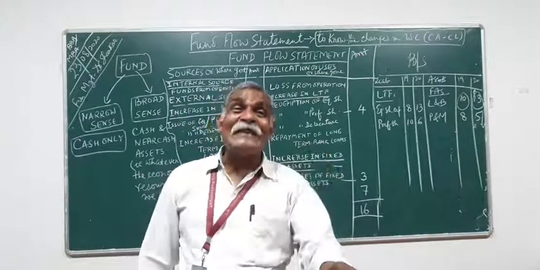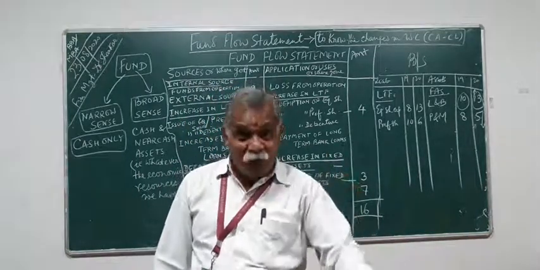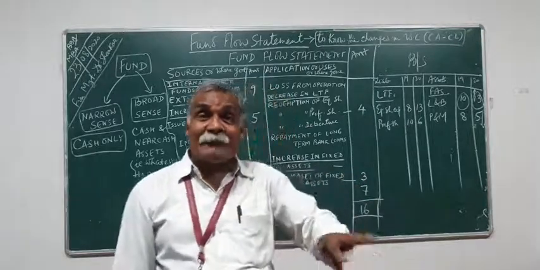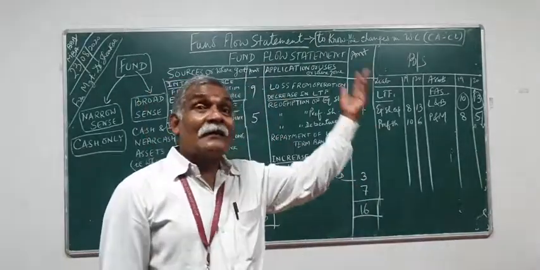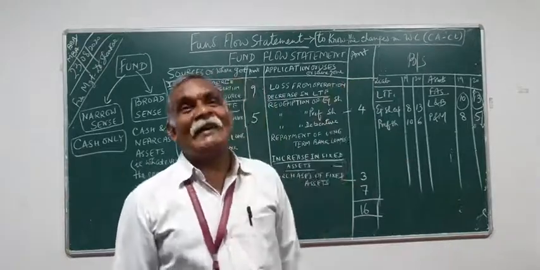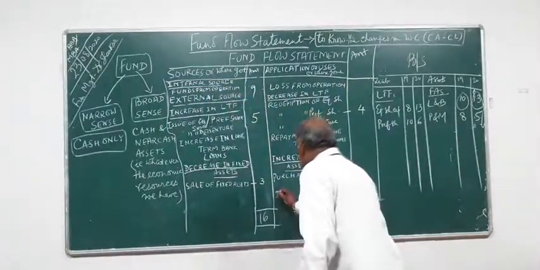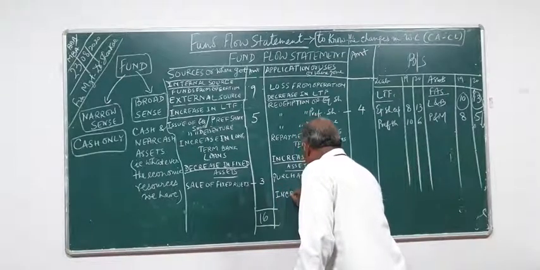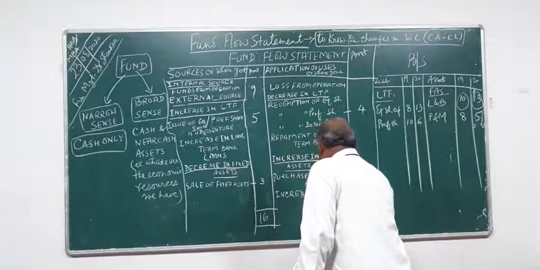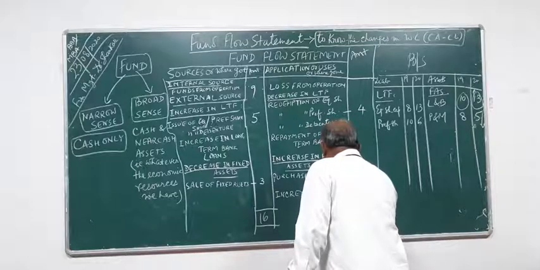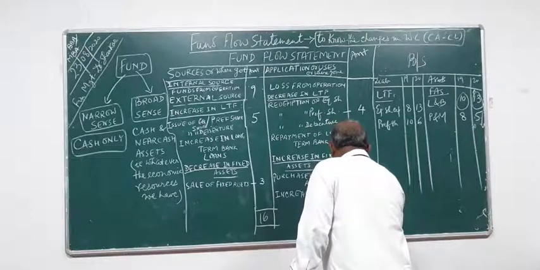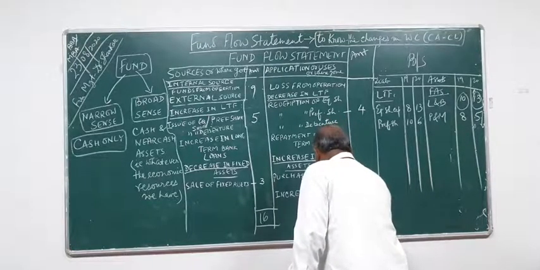So this balancing figure is an increase in working capital. An increase in working capital will be on the application side of the fund flow statement. So here is the increase in working capital, and this is your balancing figure.